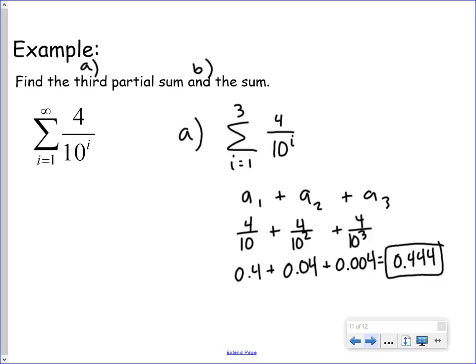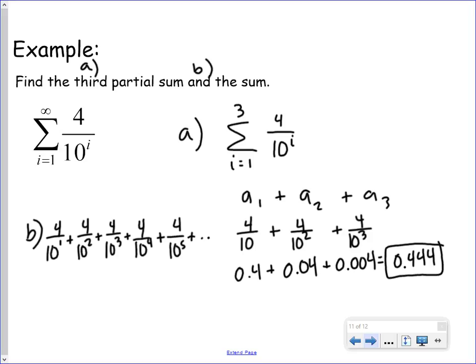Could you imagine what would happen to the infinite sum if I just kept going? I'd be doing 4 over 10 to the first, plus 4 over 10 squared, plus 4 over 10 cubed, plus 4 over 10 to the fourth, plus 4 over 10 to the fifth, and so on.